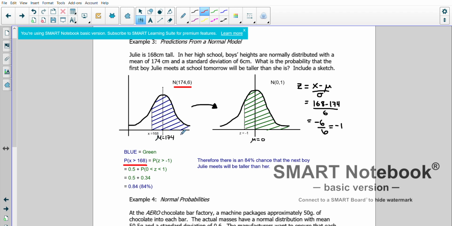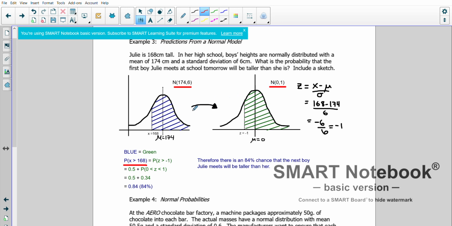So what we're going to do is this process called normalization. We're going to normalize this. We don't have a table that's going to show me standard deviations of 6 and means of 174. We only have a table that shows us mean 0, standard deviation 1.